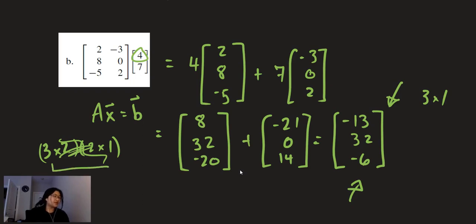And then what we're left with, the dimensions of our resulting vector, is going to be 3 by 1, which are the outsides.